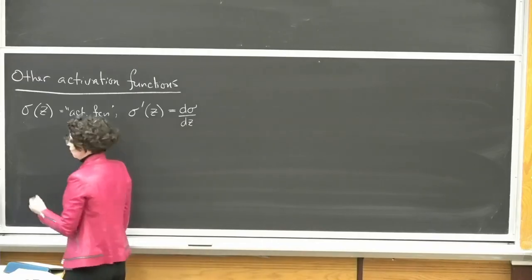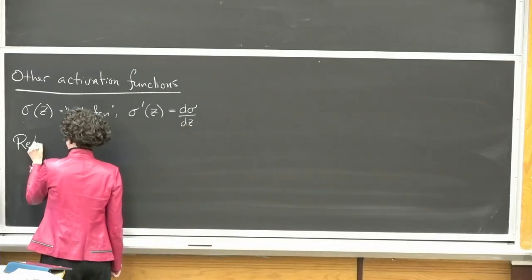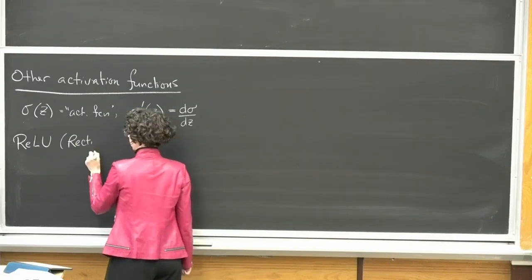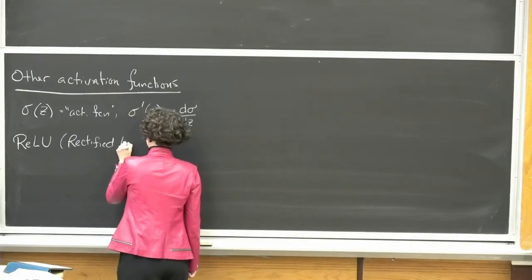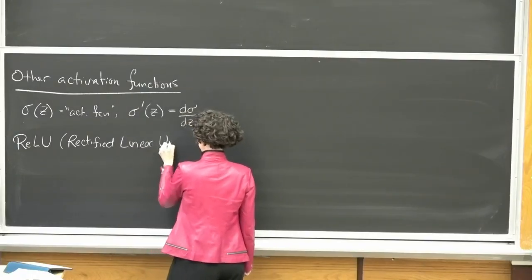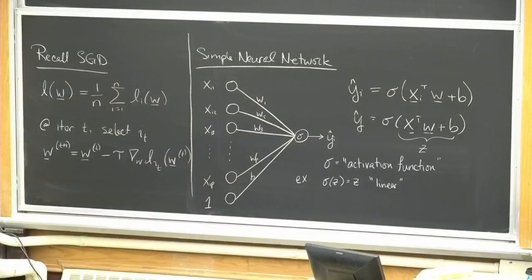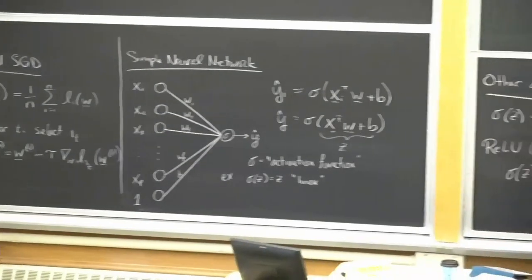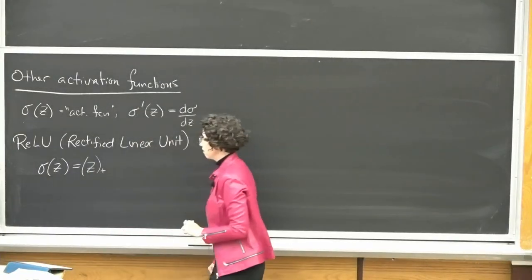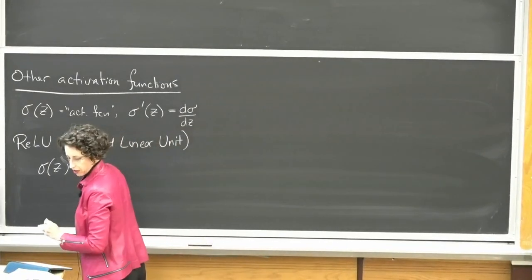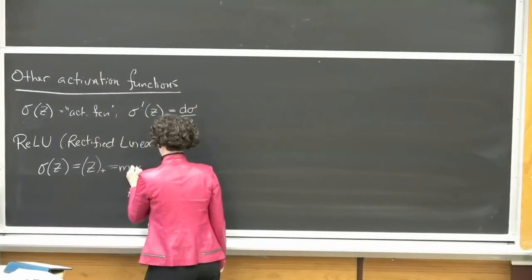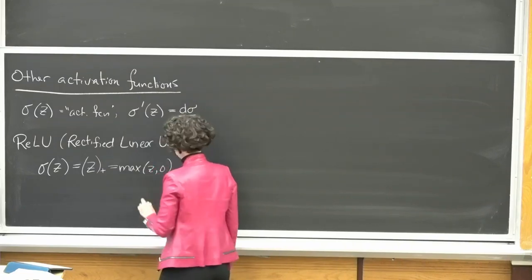When we talk about examples, one is the ReLU activation, and ReLU stands for rectified linear unit. Here, sigma of z corresponds to simply z if z is positive and 0 otherwise, or in other words, the maximum of z and 0.